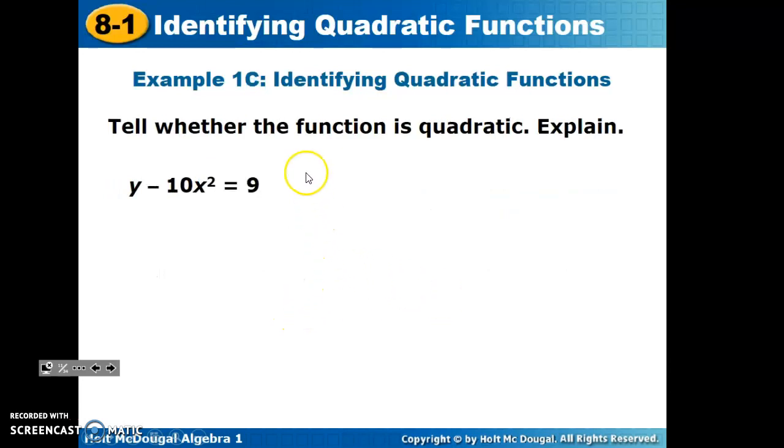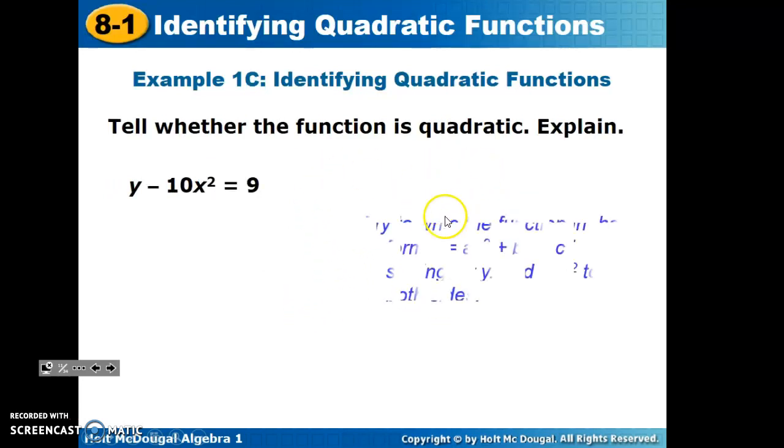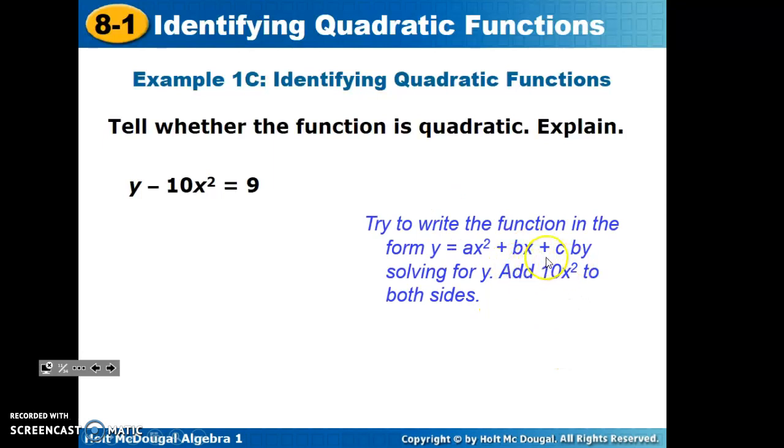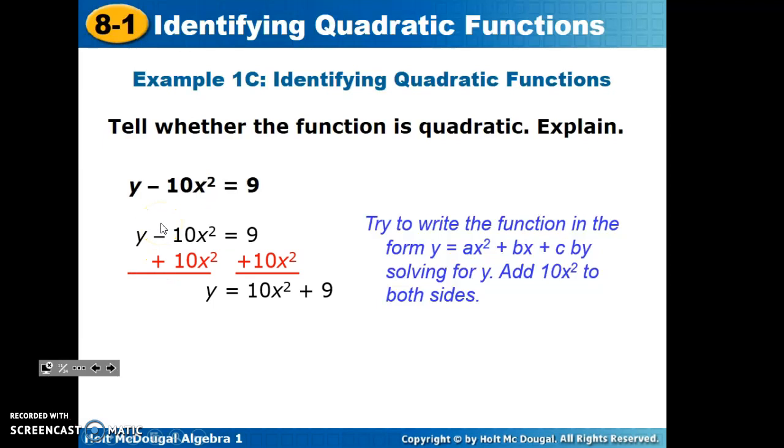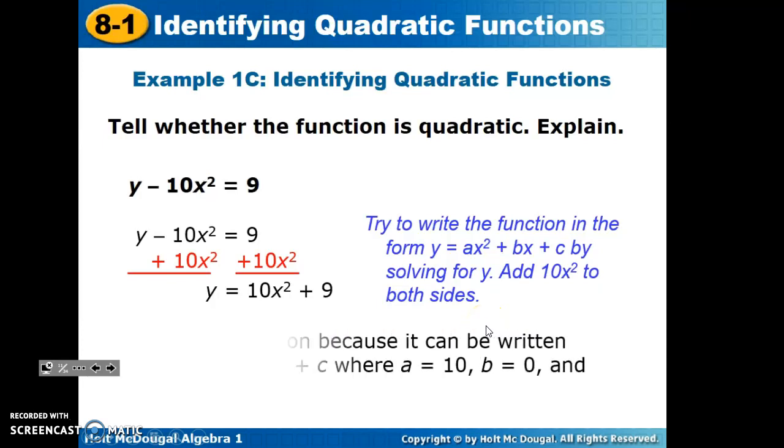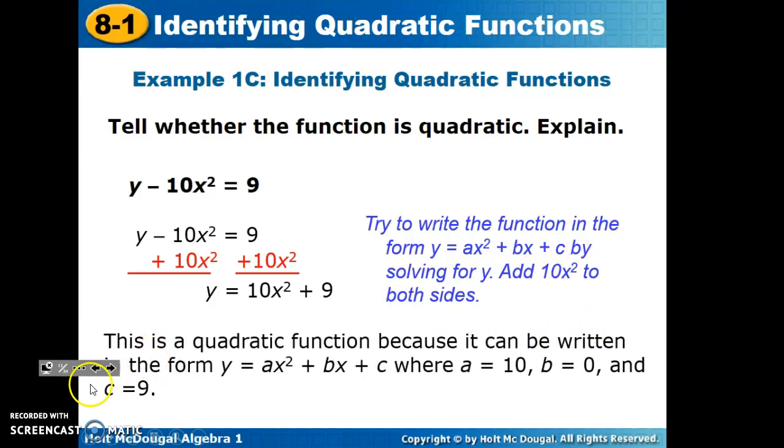It says tell whether this function is quadratic. Can we put it in the form ax squared plus bx plus c? If we add 10x squared to both sides, we get the equation y equals 10x squared plus 9. Therefore, we can put it into the form y equals ax squared plus bx plus c.